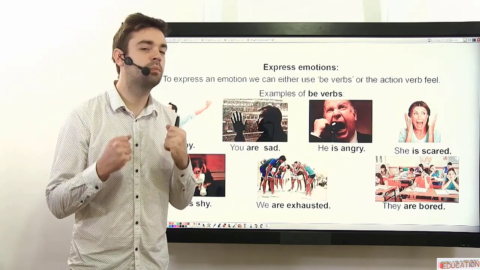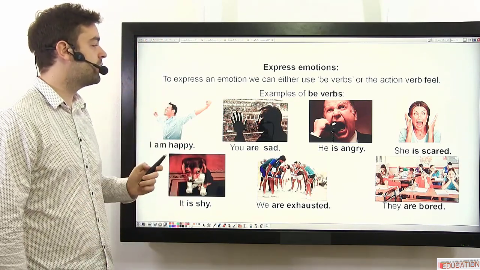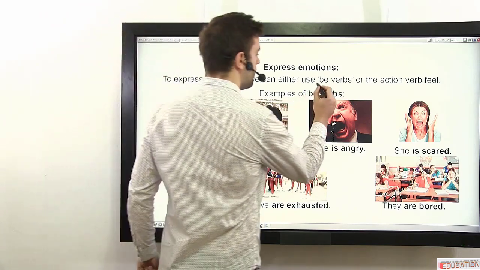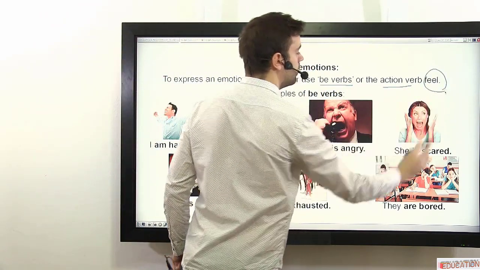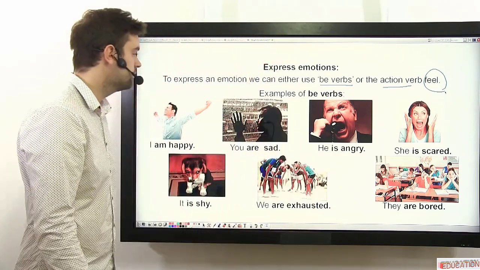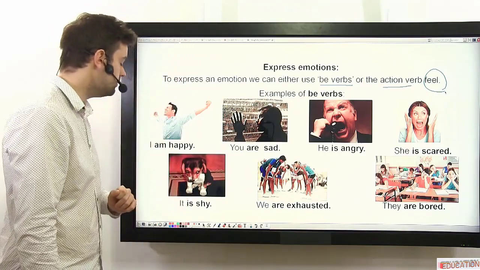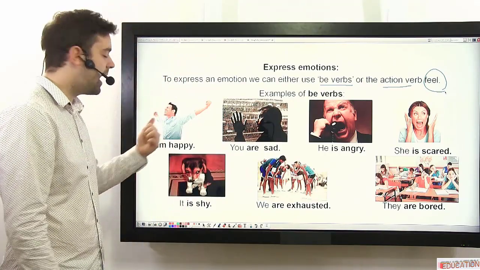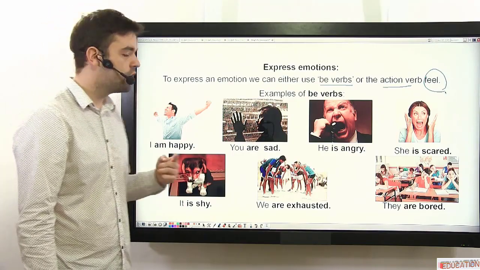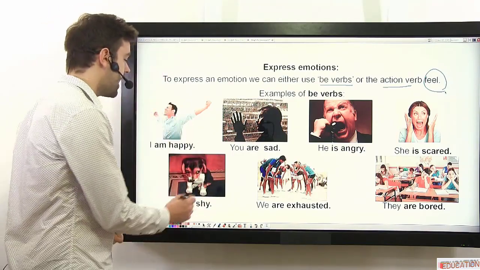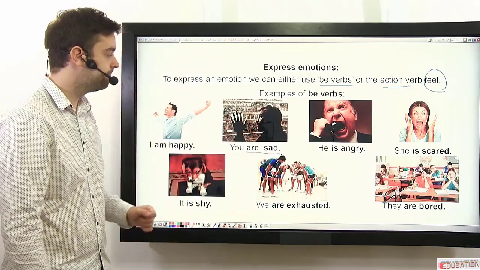So how do we express these emotions? Well, to express an emotion, we either use be verbs or the action verb feel. So let's take a look at the be verbs. I am happy. You are sad.